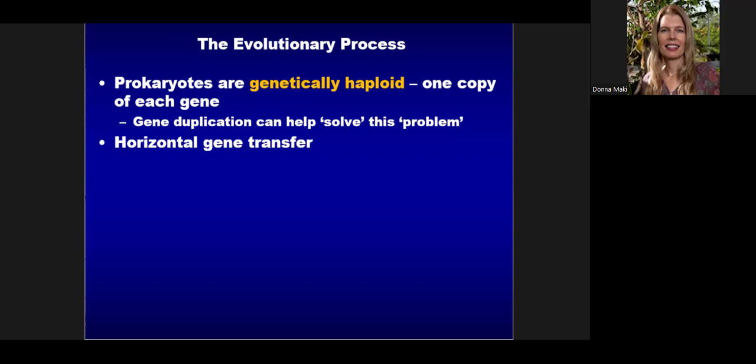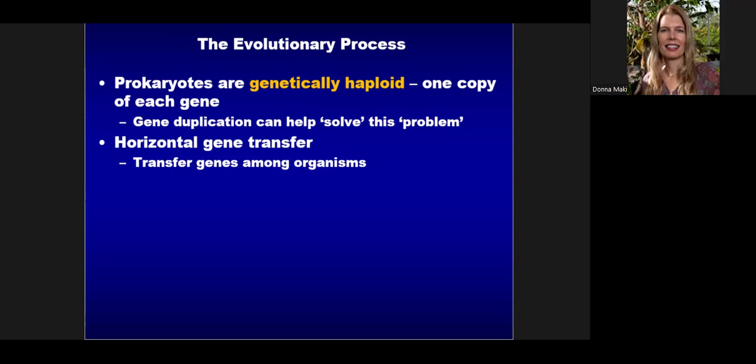What I'm going to focus on greatly, though, is looking at horizontal gene transfer. This is something that the microbial world does, and we're going to get into that more in the next slide set. But this is the idea that you have genes getting transferred to cells that live in the same environment.